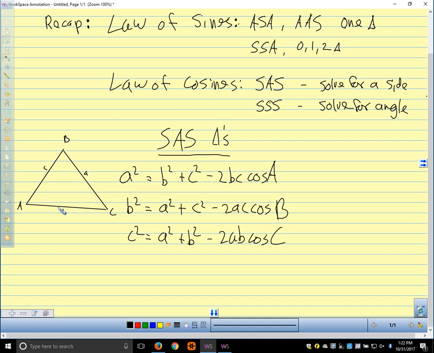So what I recommend is remember one of these, whichever one you like. I like this one personally. And then if the triangle is not drawn that way, just relabel your angles and sides so that they match up with the equation that you like. So it's really just one equation. It's not 3 equations. It's one. It just depends on how the sides of your triangle are labeled.